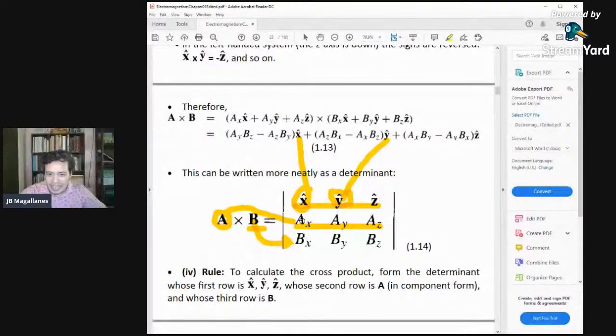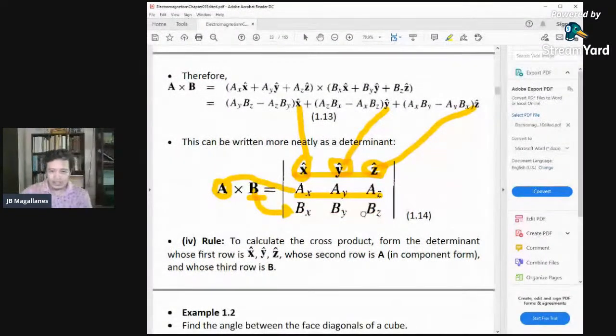Then you have AxBz minus AzBx. And for this direction here, you have AxBy minus AyBx. So that's how you get the determinant of a 3 by 3 matrix.